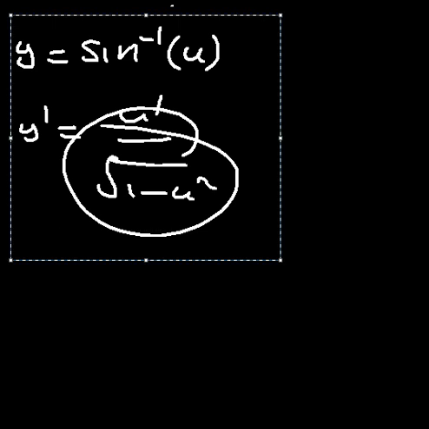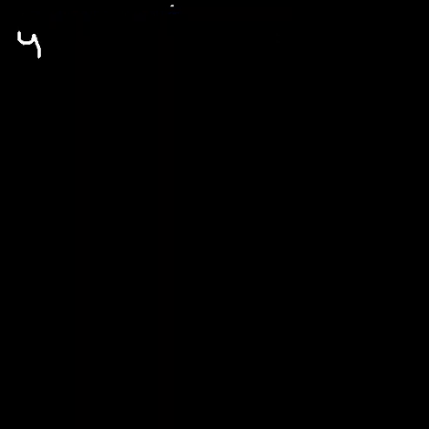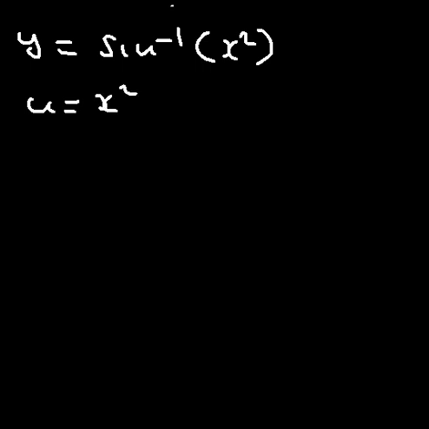That's what is happening. Let's say we have function y is equal to sine inverse of x squared. So now what is the derivative of this function? First thing, we have the inner function, which is given as x squared. What is the u prime? We have it as 2x. And what is the differentiation key for the sine inverse?